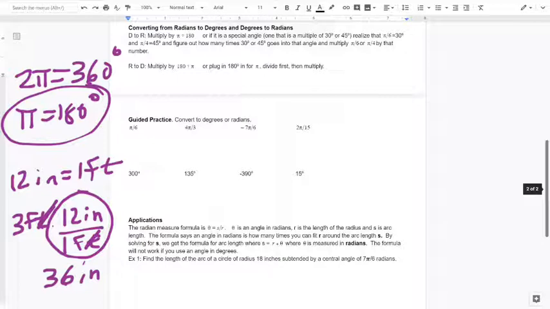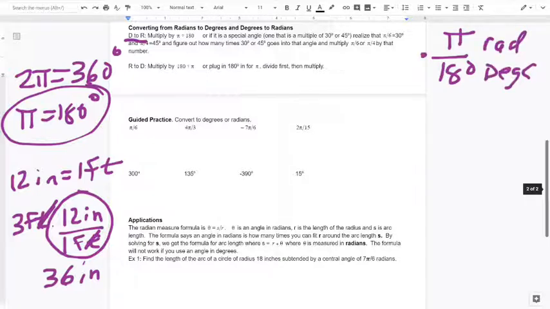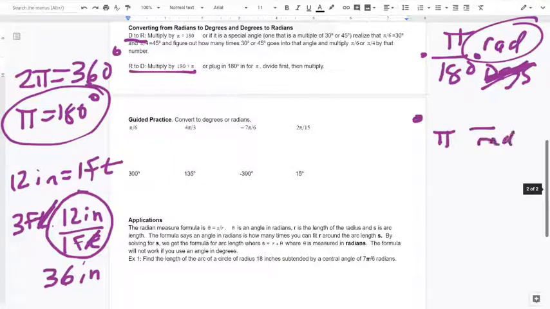When you're going from degrees into radians, you multiply by pi over 180, because pi radians is equal to 180 degrees. So if you multiply by pi over 180, the degrees will cancel out and it'll be in radians. If you're going from radians to degrees, for every pi radians you divide out, you want to multiply by 180 degrees.